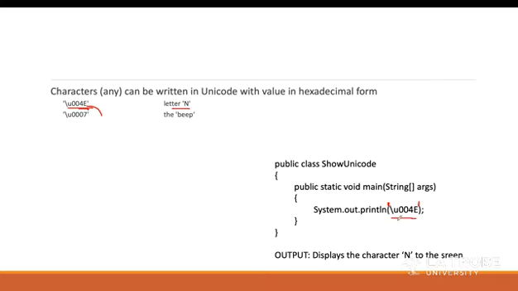So the output of this particular segment of code is going to be just displaying a letter N. If you replace this Unicode character with this, then when you print it and run the code, it's going to give you a beep sound when it's getting executed.